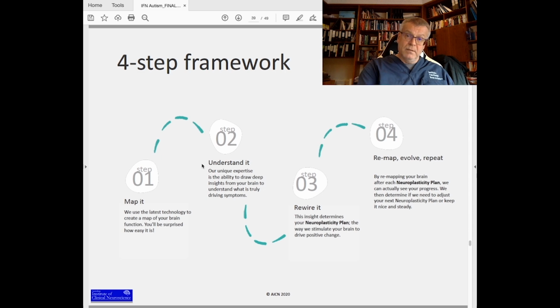Then we go back to step one, put in more stimulus, and map it again. Eventually we get a very good idea of how your brain is responding to our specific treatment and other treatments you may be on, including medication or any of the other therapies that we talked about.